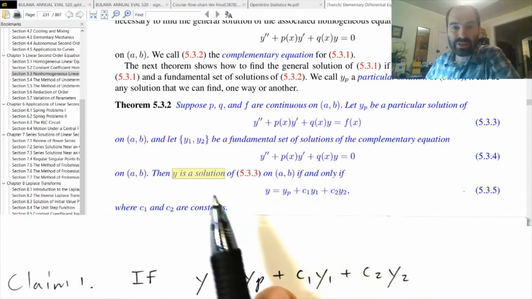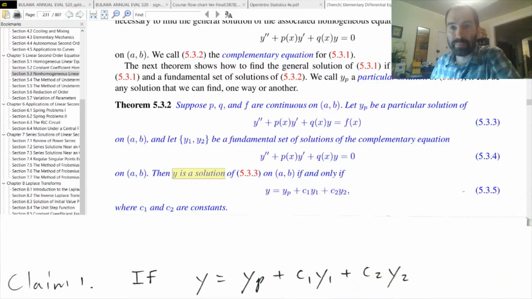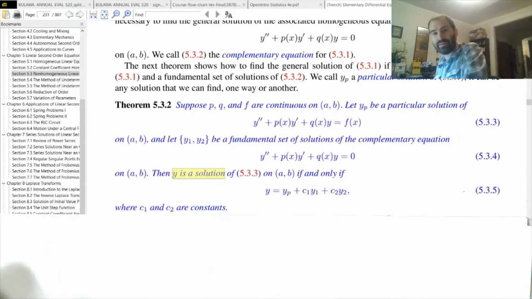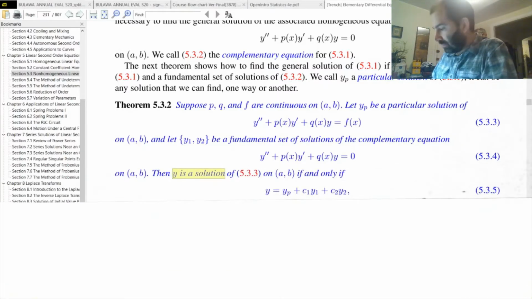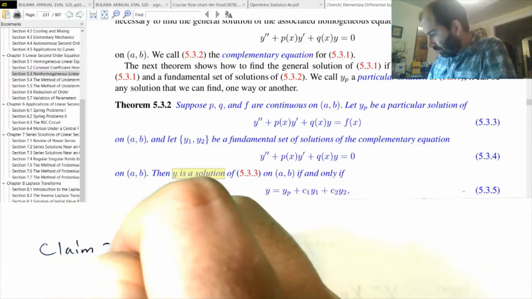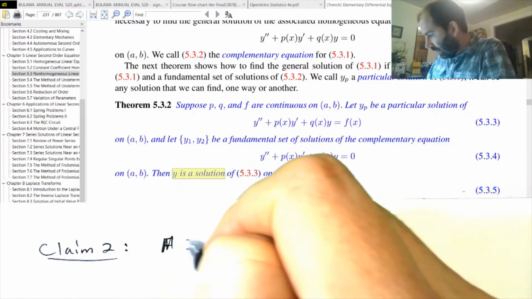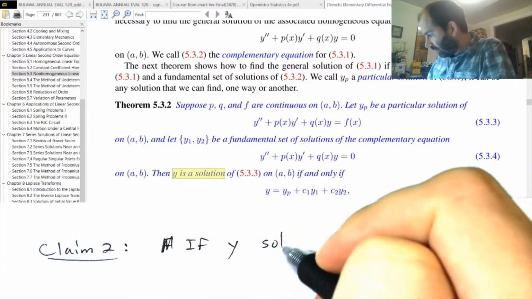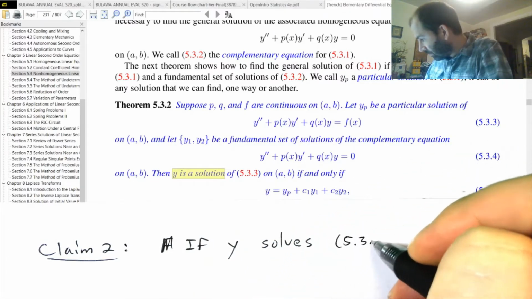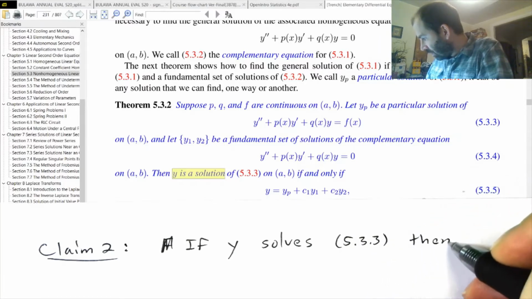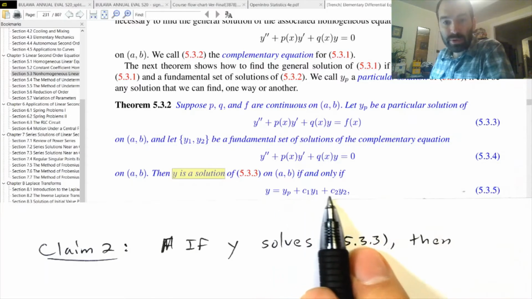All right, now let's go the other way. If it's a solution, then it has to be in this form. How do we prove that? Okay, so claim 2. If y solves 5.3.3, then y must be expressible like this.